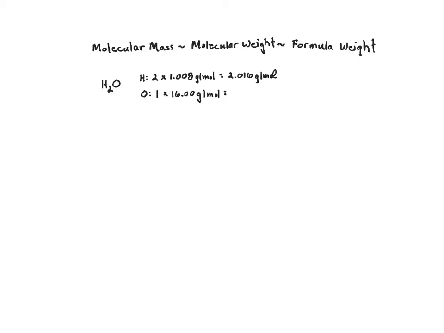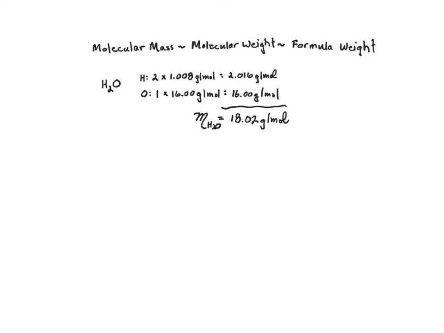And then 1 times 16 is 16, so that's our contribution from oxygen. We add these together, and we get 18.02 grams per mole. That is our molar mass for water. And I'll use that same symbol that I used before, that curly M.